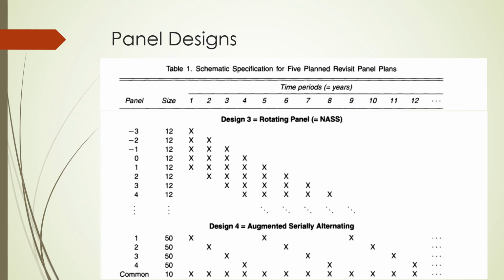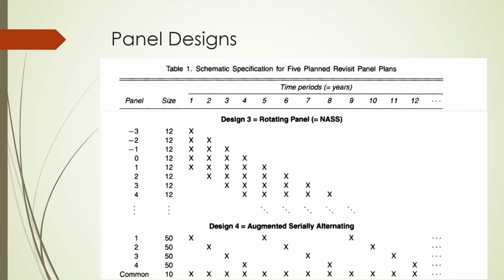If we look at some of these more complex designs, on the top here we have the rotating panel, where we have 5 different panels. And initially those panels are surveyed from between 1 and 5 years, but as new panels are added, each one of those new ones is then sampled for 5 years in a row.